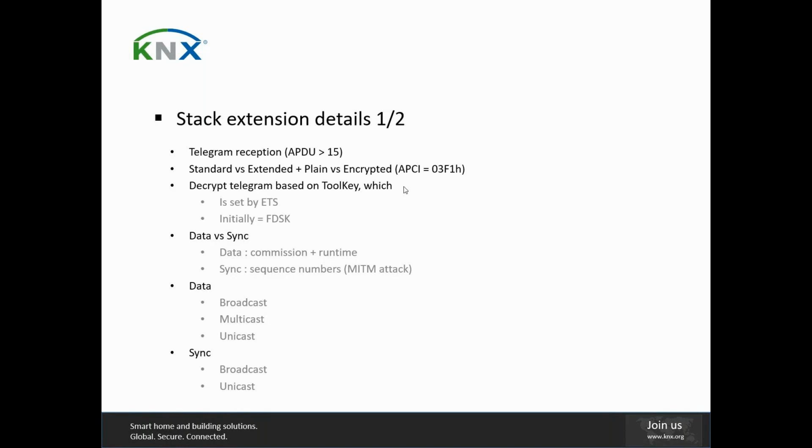So that means after the first handshake, ETS will indeed, from that moment onward, use the secretive tool key in order to contact the device, in order to commission the device, in order to do whatever business it has with that device from that moment onward. So that is also something that, well, obviously needs to be added to the stack. So all that handling of the tool key.